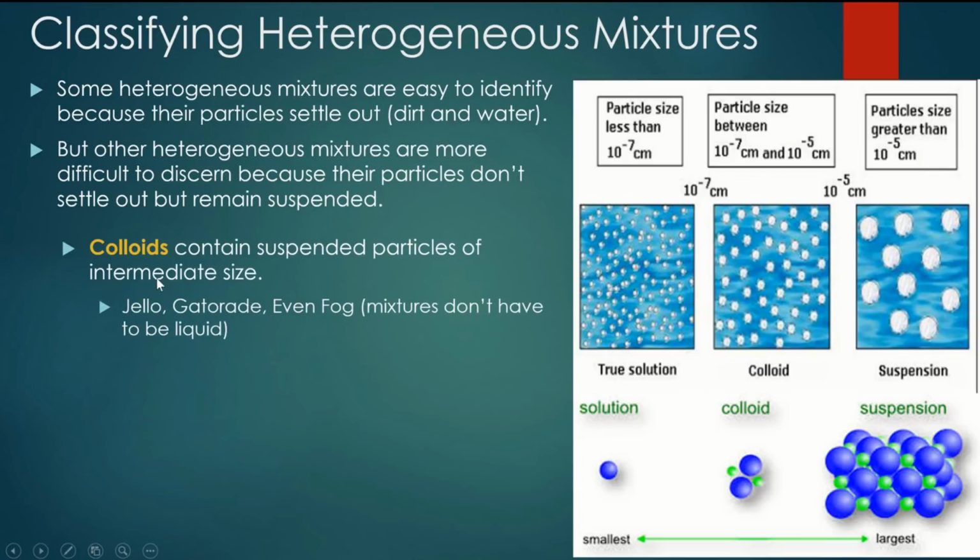So again, colloids are your intermediate size. They're larger than the particles of a solution, but smaller than the particles in a suspension. Some examples would be Jell-O, Gatorade, even fog, like you have in the morning sometimes. Mixtures don't have to be a solid and a liquid. They could be two liquids or two solids for that matter.